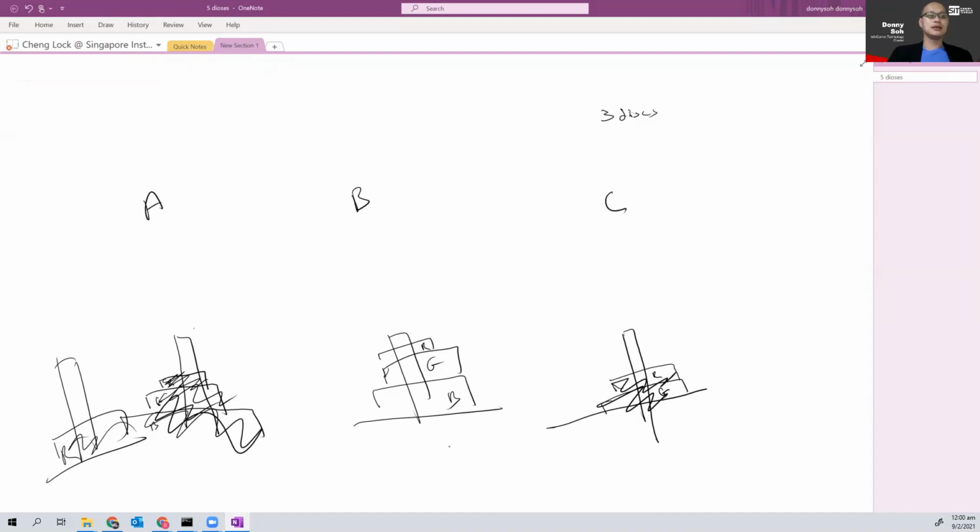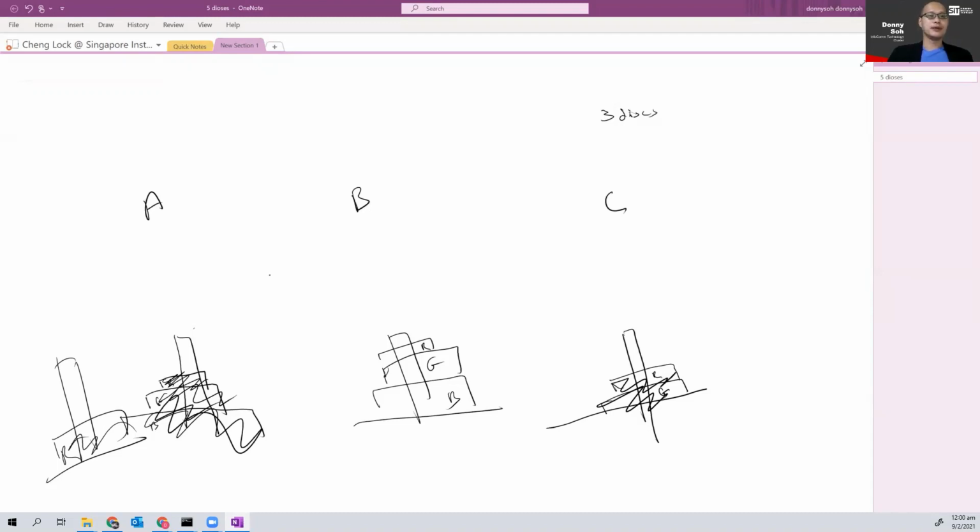Notice that in the way we are shifting, one of the things we always do is make use of an intermediate pole in order to shift the disk.